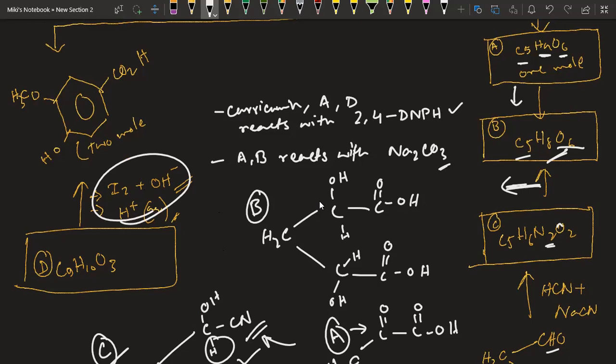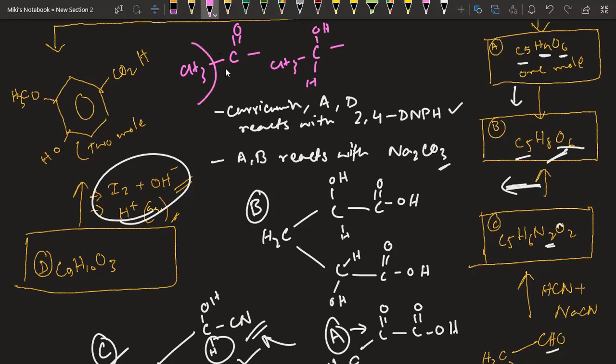Now, in the iodoform reaction, we know that we need either of these two groups: COCH3, or the CH3CH(OH) group. If an alcohol is present, then this group, or if a ketone or aldehyde is present, then this group is needed. Now what happens when the reaction is undergone?